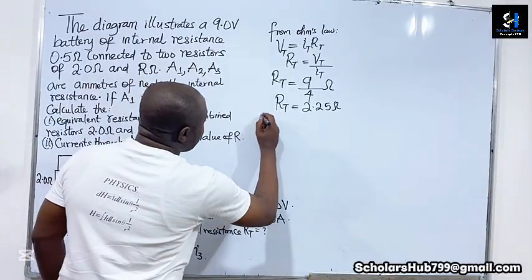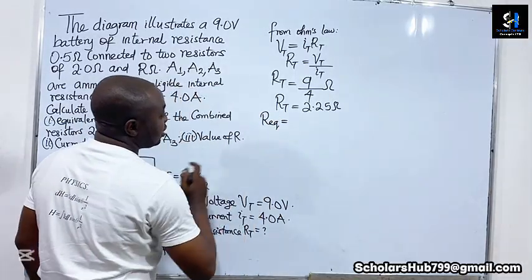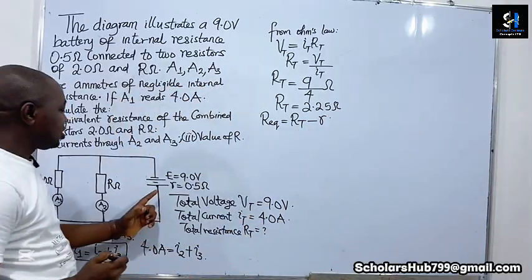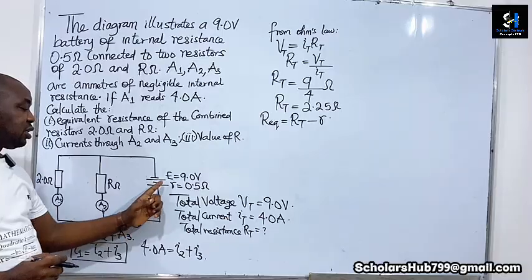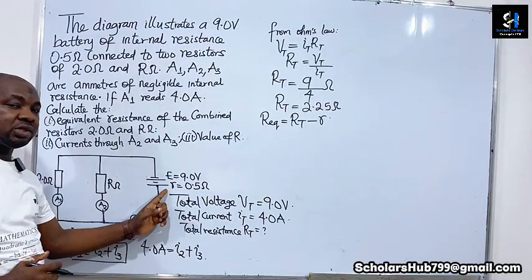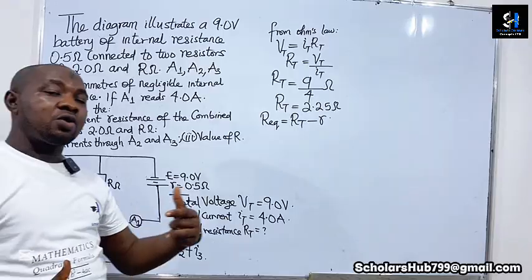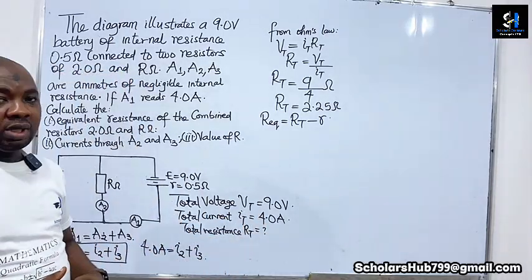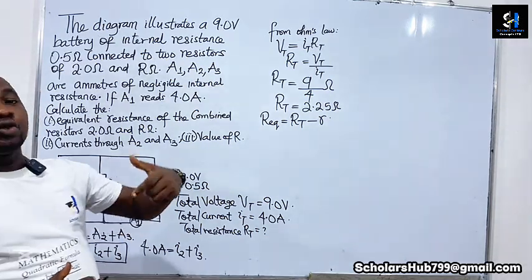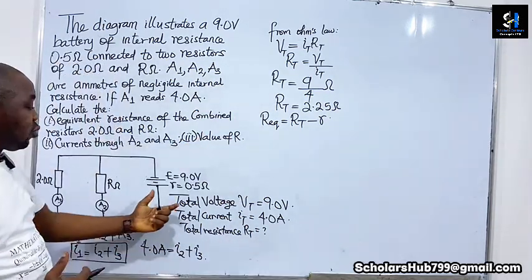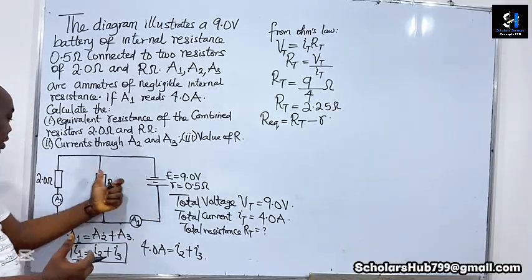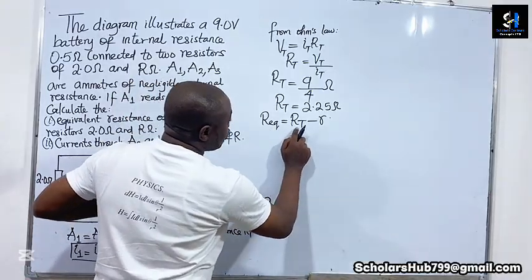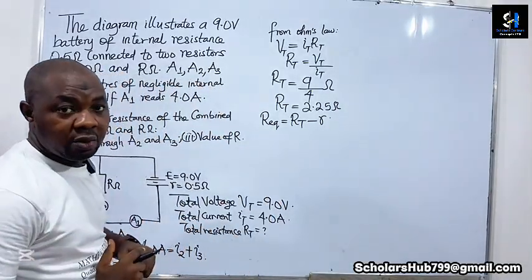Okay, now the equivalent resistance. Equivalent resistance will be total resistance minus internal resistance. Let's not forget that there will be what we call lost voltage in this case. Lost voltage is the voltage drop across the internal resistance when current flows through a circuit, and that voltage will not reach the external circuit. So because of that, the equivalent resistance will be equal to total resistance minus internal resistance.